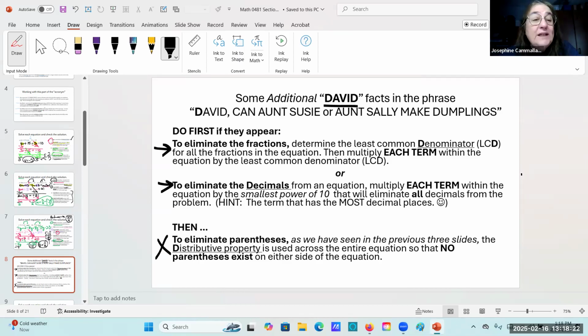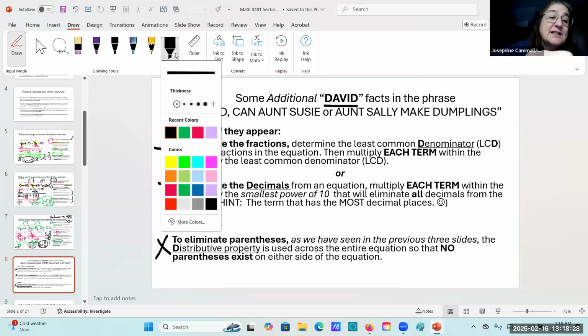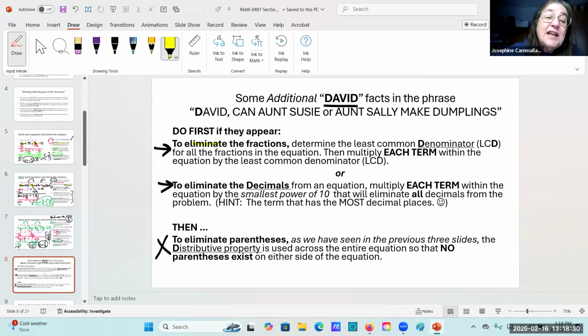Now, you're going to first eliminate the fractions. Now, this is something you may not have done before. If you took 461, toward the end of the course, I do show some of my students how to get rid of the fractions. And you want to know that you're multiplying each term within the equation by the LCD. That's the catch. People don't remember it.